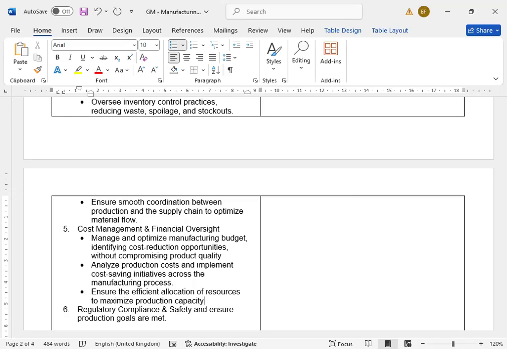So make sure that you always, as much as possible, have between 90% to 100% production utilization of the plant. If you underutilize the plant, then cost will go up, because you also have to think about the machine depreciation cost. There will be depreciation of the machine, so that's why you have to utilize.